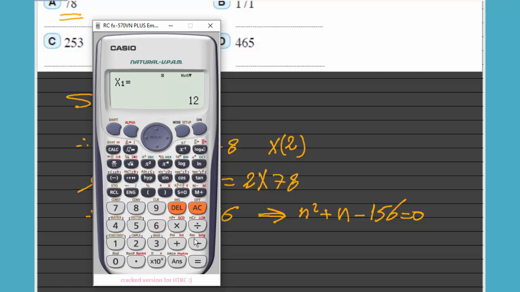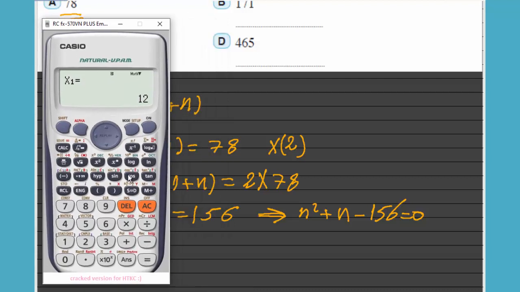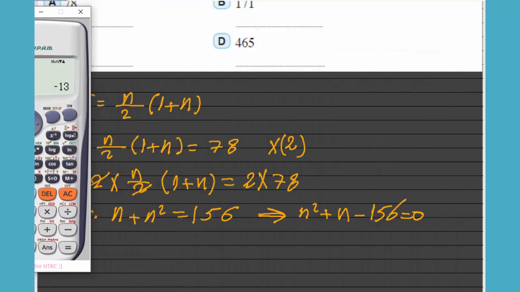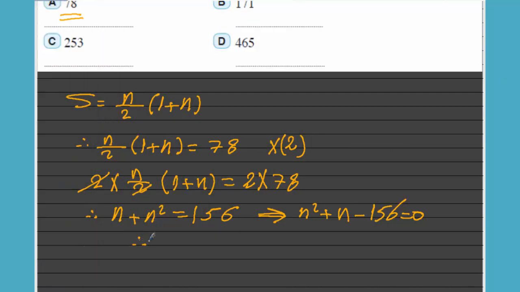Equals, so x equals 12 or x equals −13. So n = 12 or n = −13, and this number is refused. n must be a positive number.